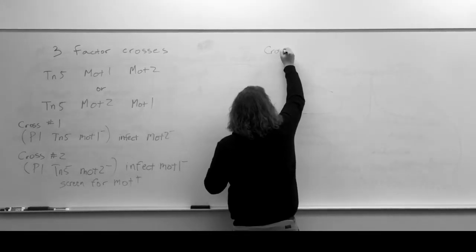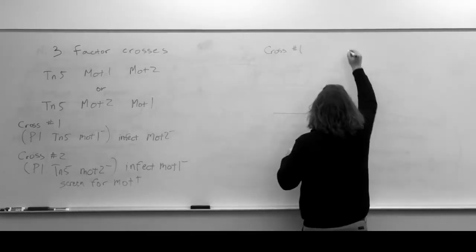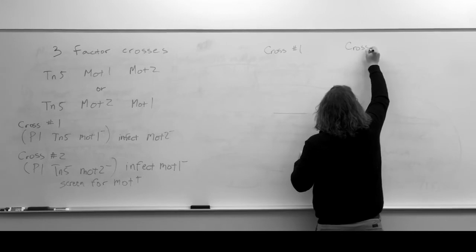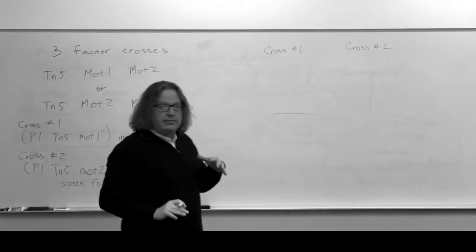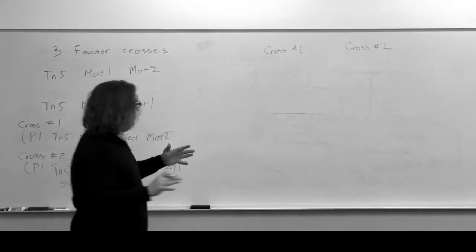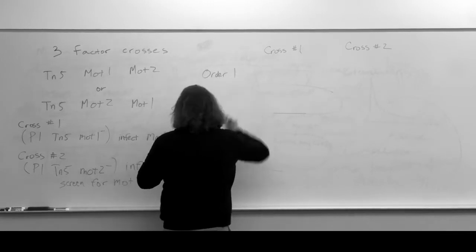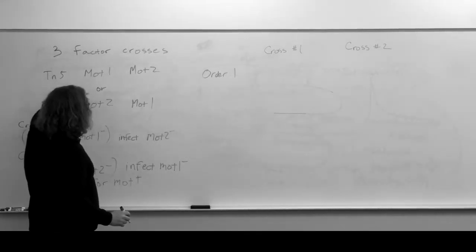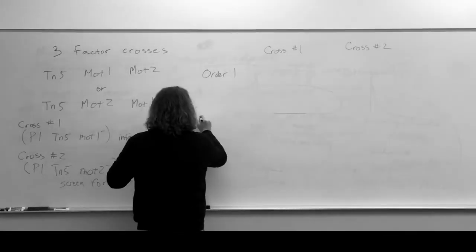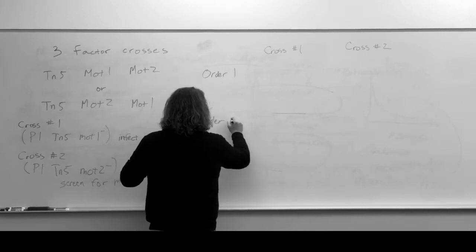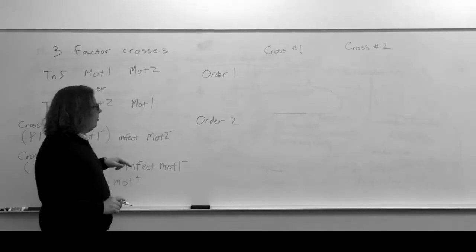So one will be cross number 1, and the other will be cross number 2. And let's envision two different orders, right? So we have order 1, and order 1 will be Tn5 mod 1 mod 2, and then order 2 will be Tn5 mod 2 and then mod 1.